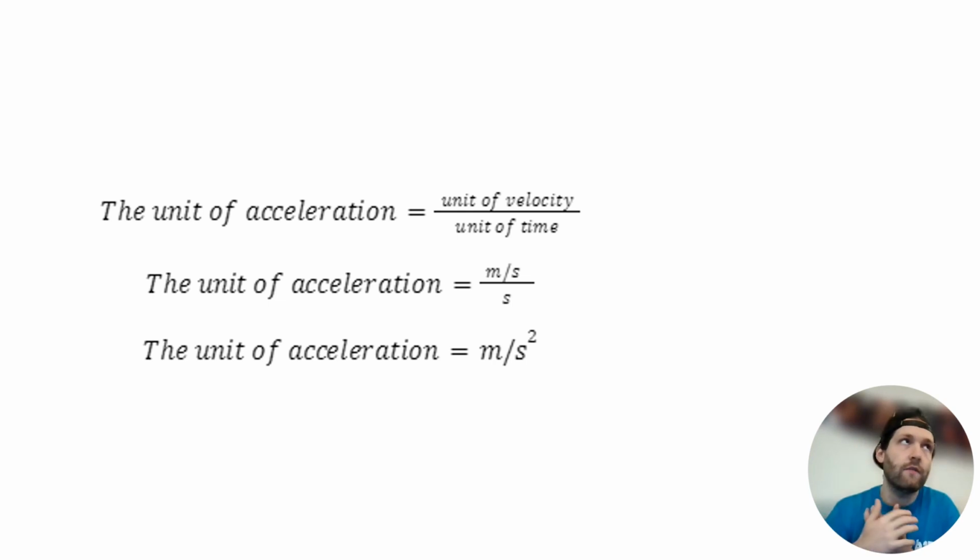Now, for me, and I assume for you as well, it's quite easy to conceptualize the idea of a meter. And it's quite easy for me to conceptualize the idea of going through a meter every second, meters per second. Cool. It's very difficult for me to conceptualize the concept of a second squared. It's even more alien to conceptualize the idea of going through a meter per every second multiplied by itself, second squared.